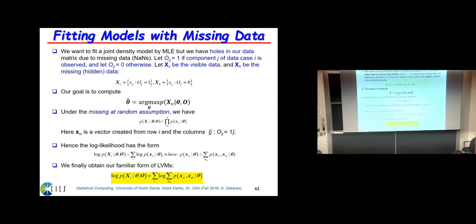Since I have hidden variables here, x_h, how about if I try an EM type approach, and I write my visible variables' likelihood by taking my joint distribution of visible and hidden, and then integrating the hidden variables out.